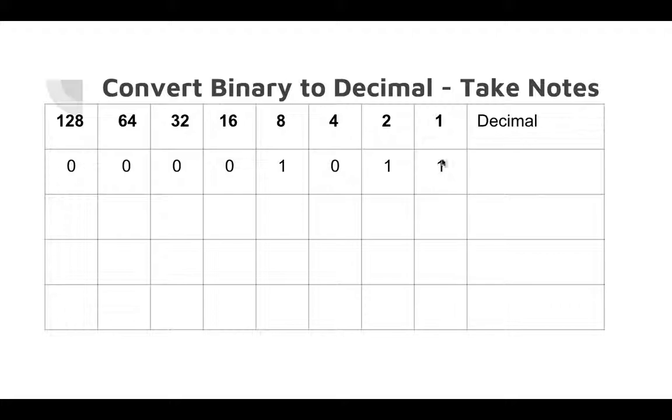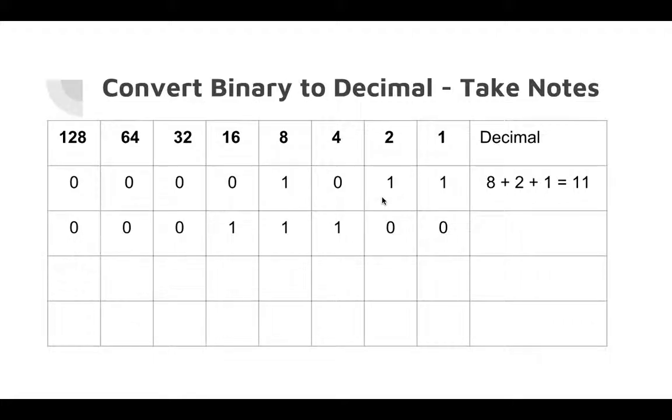The way you do that is wherever there's a 1, you add the corresponding place value. So for this binary number, we're going to add a 1, a 2, and an 8. We don't add any of the places with the 0. So if I add 1, 2, and 8, I get 11. So 00001011 is the equivalent of 11 in decimal.